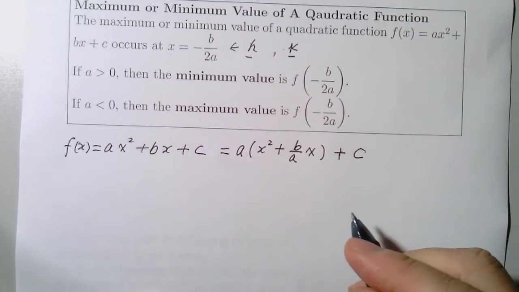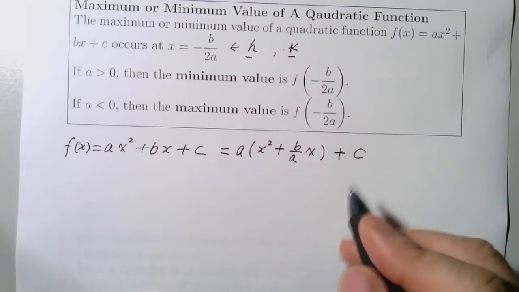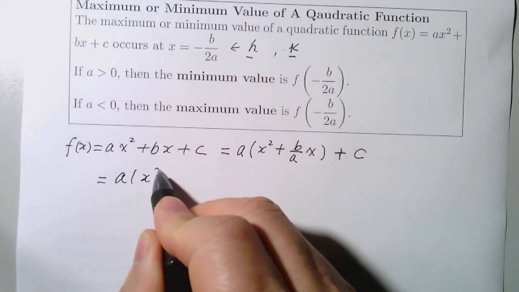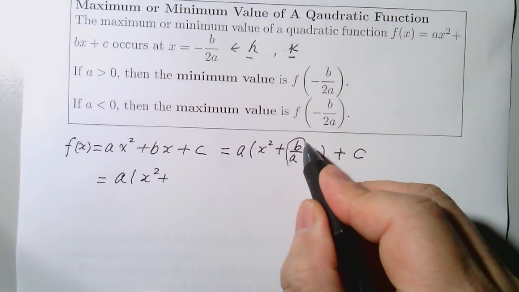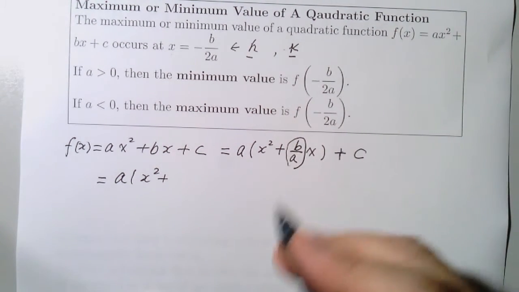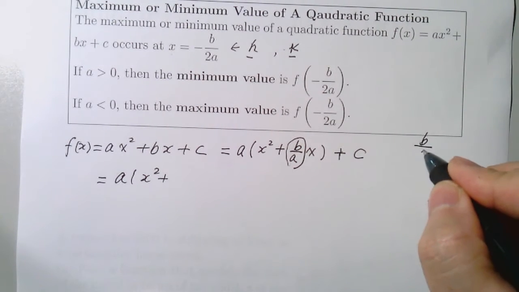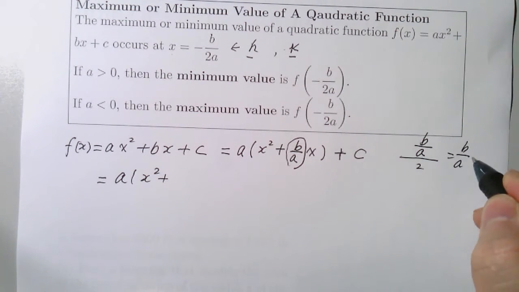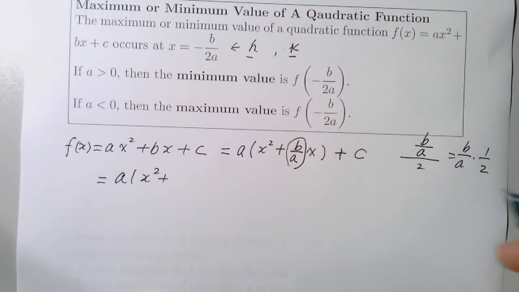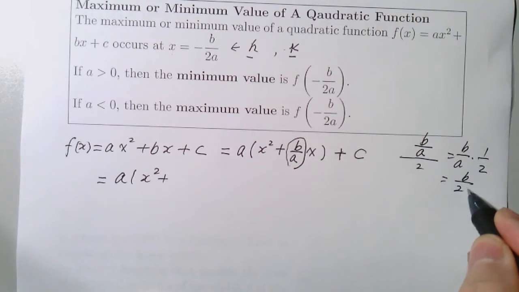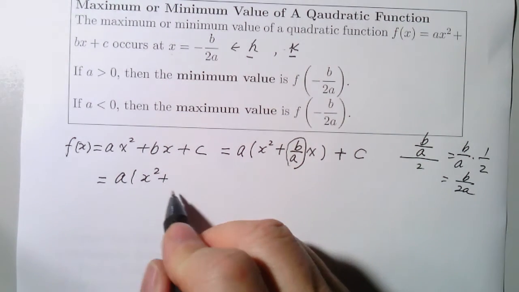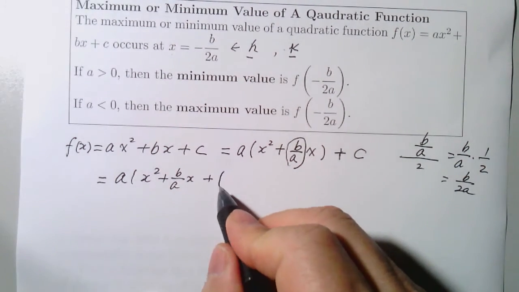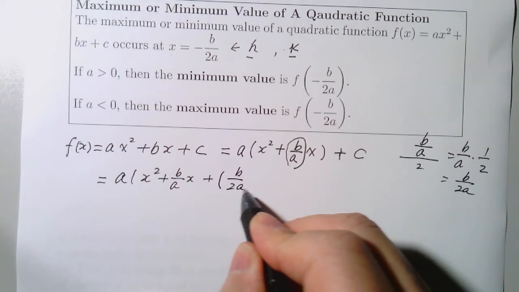As always, we want to complete the square, so we add half of that coefficient, squared. Half of b over a is b over a times 1/2, which gives us b over 2a. So we have x squared plus b over a x plus b over 2a squared.